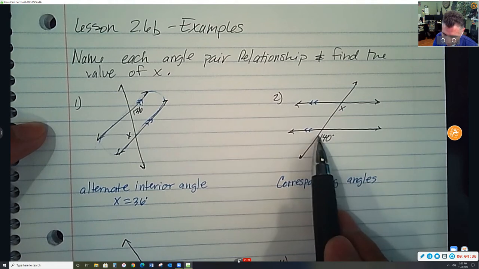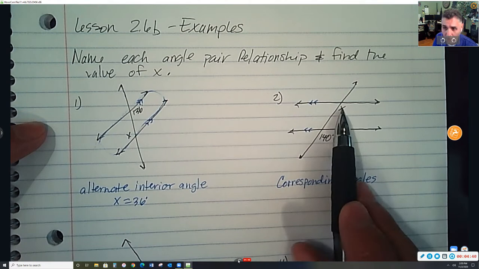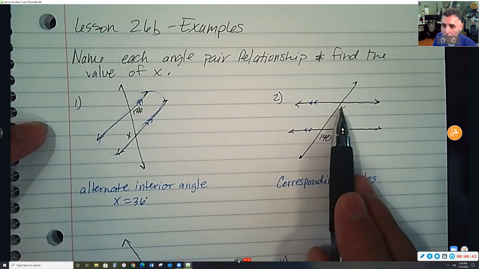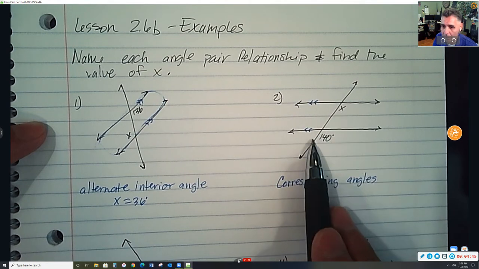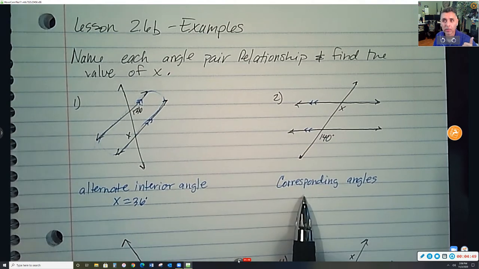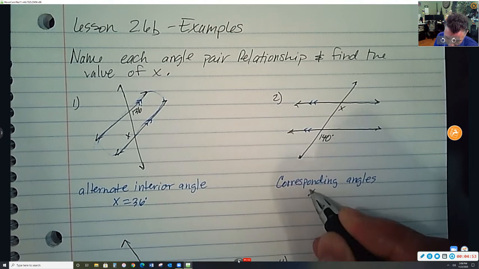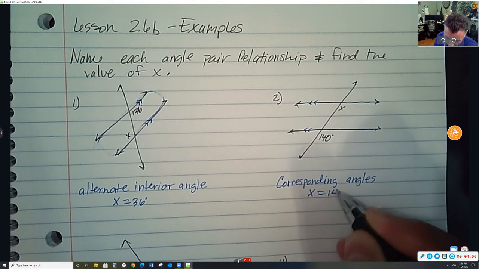The 140 is to the right of the transversal and below the parallel line. So they're basically in the same position, to the right and below. This is to the right and below. Okay? And on the page right before this, I put down corresponding angles are congruent. So I know for this one, x equals 140.